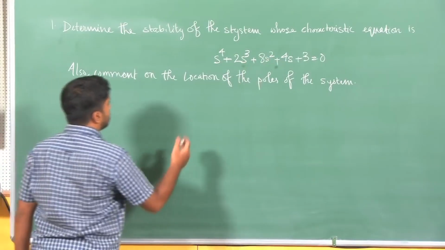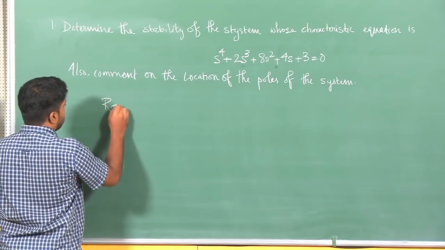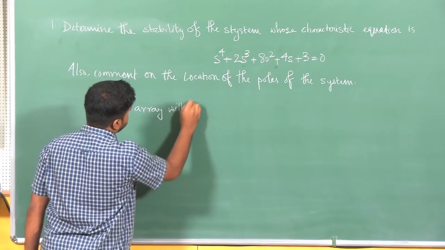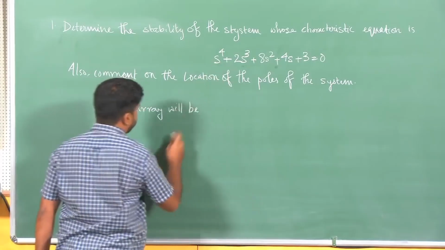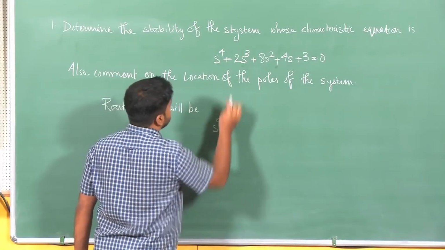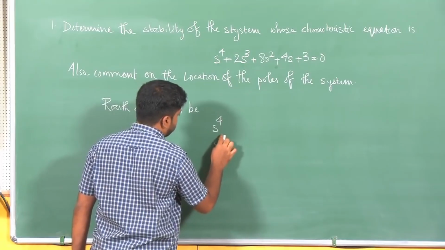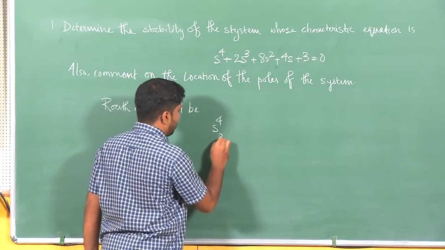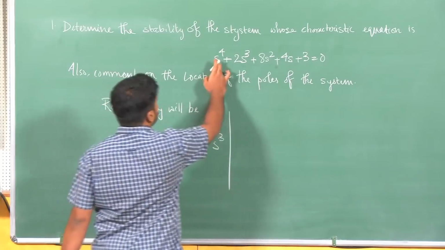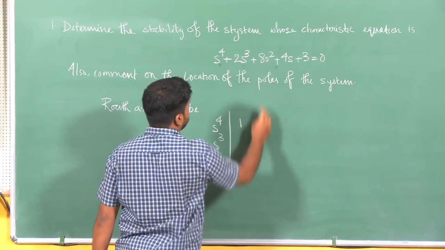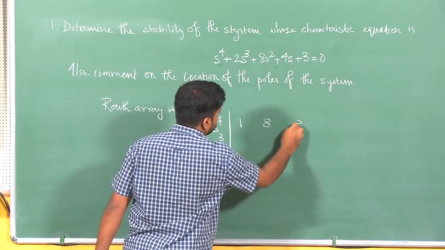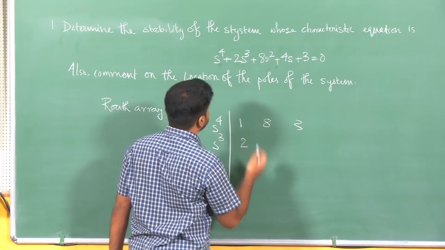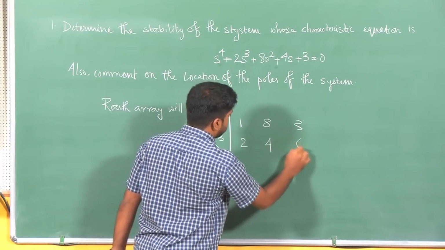Now, for the characteristic equation, the Routh array will be, so we take first s to the power 4, then s to the power 3. Now, s to the power 4 first 1, alternatively 8 and then 3, and for s cube, 2 and then 4 and then 0.